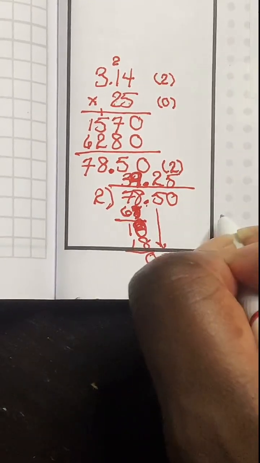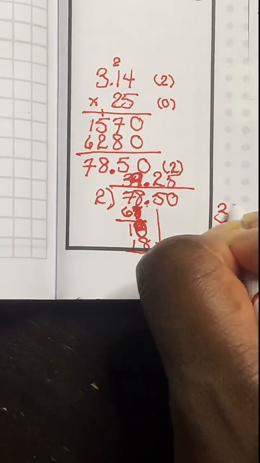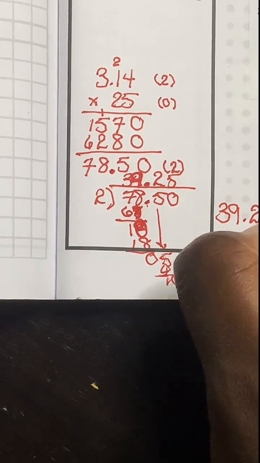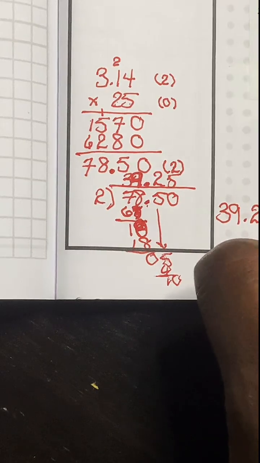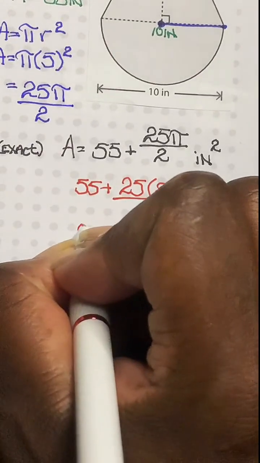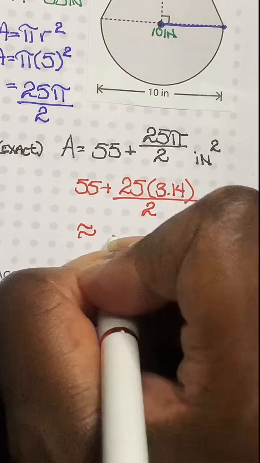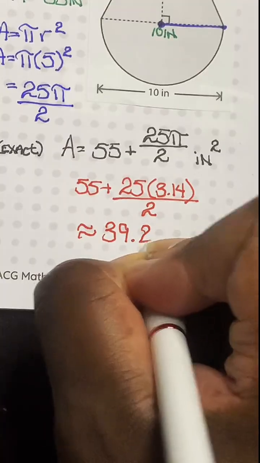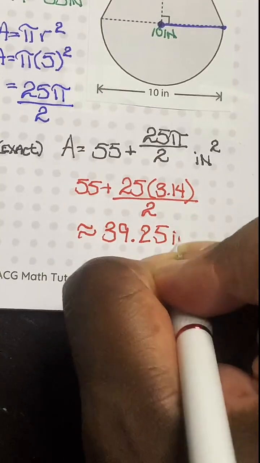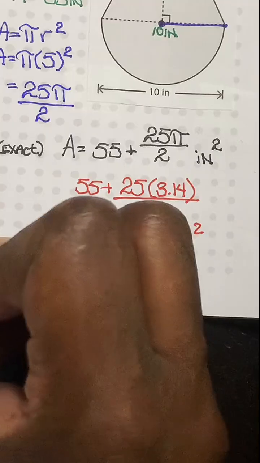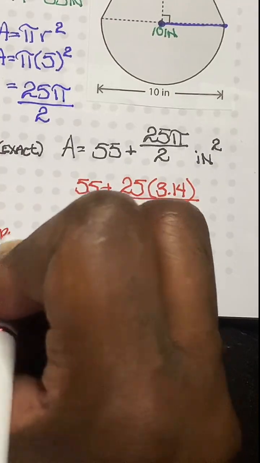Okay, so our official answer is going to be 39.25 squared inches. So if they want the approximate, notice I'm going to do my approximation wave. I got my 39.25 squared inches. Okay, so this is the approximate.